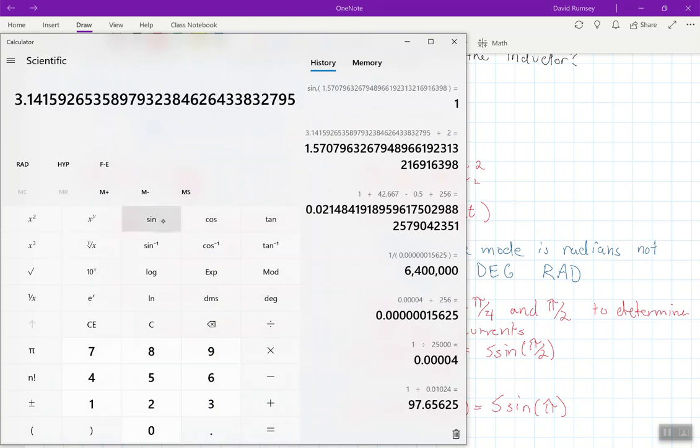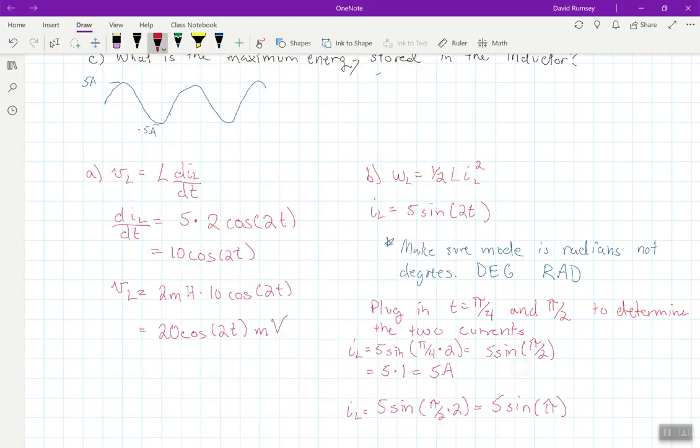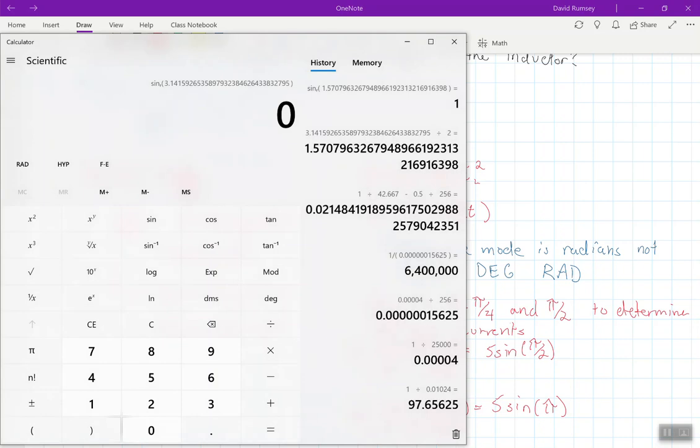Pi, and then we do the sine function of it, and we get 0. Now again, make sure that you're in the correct mode. And I'm just going to show you here why that is critical in just a second. 5 times 0, of course, is then 0 amps. So at pi over 2, we have 0 amps of current.